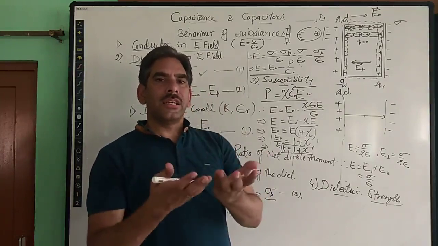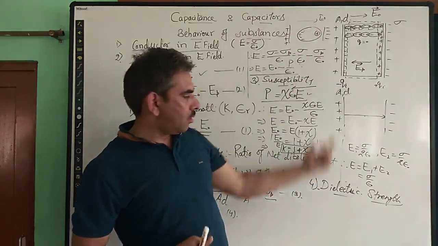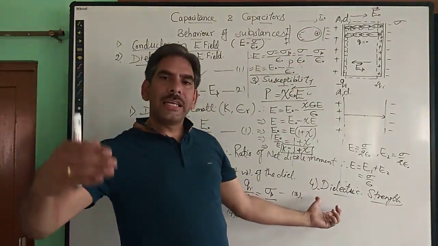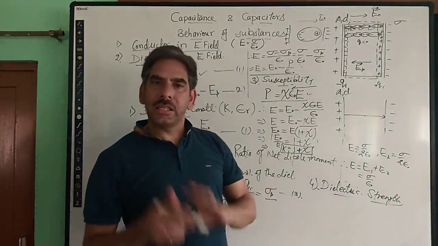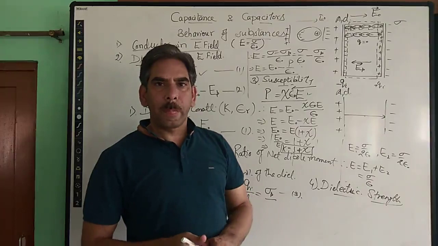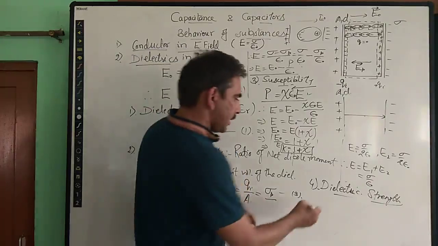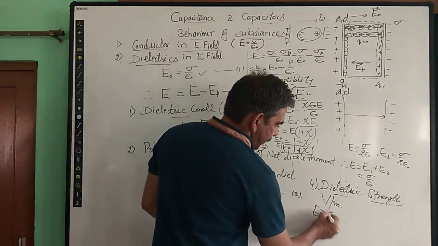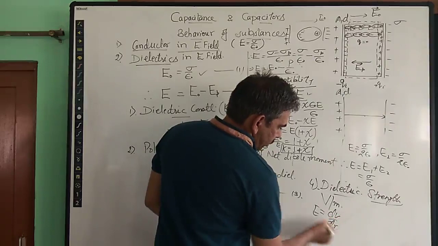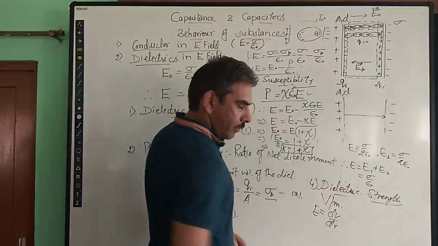That maximum applied electric field is called the dielectric strength, which has the same units as the electric field: newton per coulomb, or volt per meter, because electric field is related to dV upon dr. Dielectric strength has the same unit as electric field.